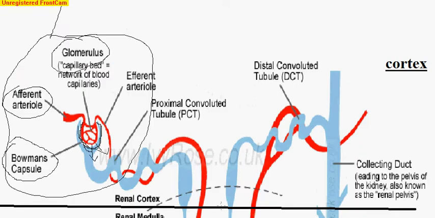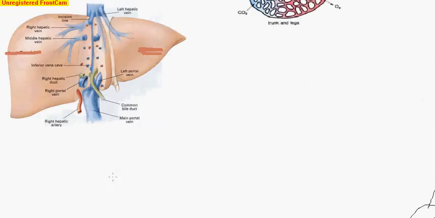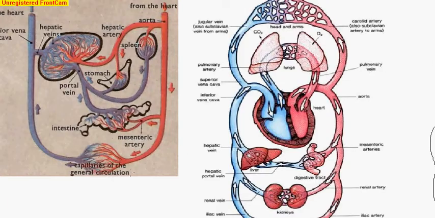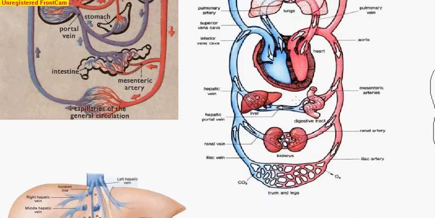And to get a clearer picture, we should consider this part. The blood, we know it moves to the heart, right? So the blood from the heart will come here to the kidneys. It must come to the kidneys at some point; it passes here and then it goes here.